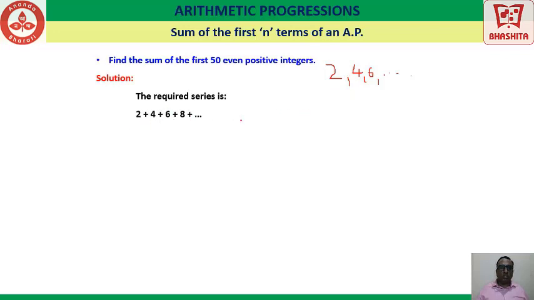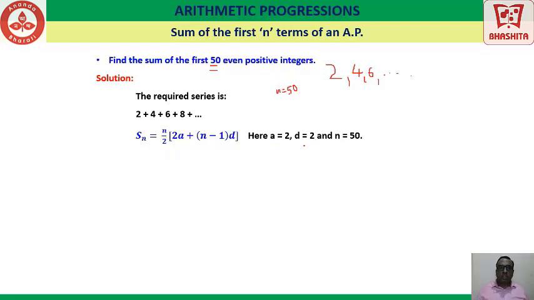So 2 plus 4 plus 6 up to 50 numbers is what we have to find. So clearly you could see that n equal to 50 in this case. So what is the formula for sum up to 50 terms? Sum up to n terms is n by 2 into 2a plus n minus 1 into d. So here a is 2, d is 2, n is 50.